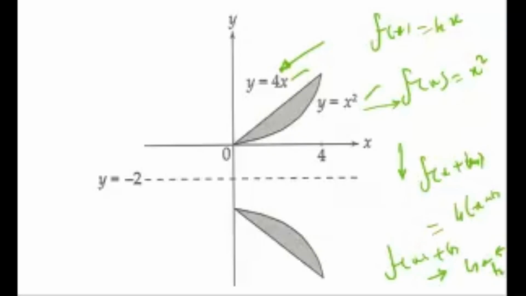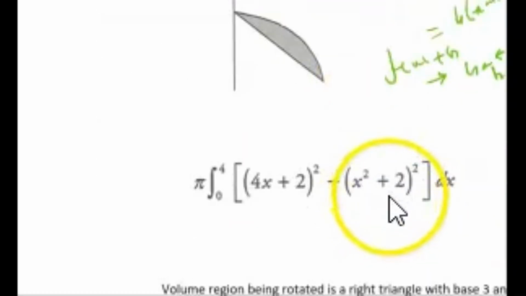So with the original ones, I take the shifting and evaluate the two functions: 4x plus 2 and x square plus 2. Though shifted by minus 2, it is shifted downwards, below the negative y-axis.